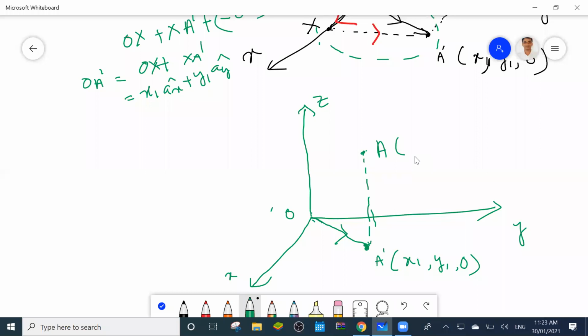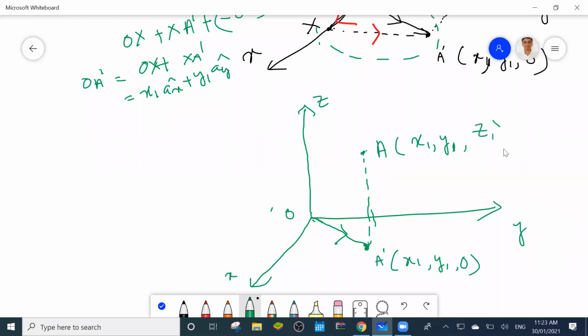No, I am not taking it in the Z1 plane. I am taking it above that, up to Z1 on the Z axis, at the top. This point I increase up to Z1, keeping X1 and Y1 constant. So this point in space has the value X1, Y1 and Z1.